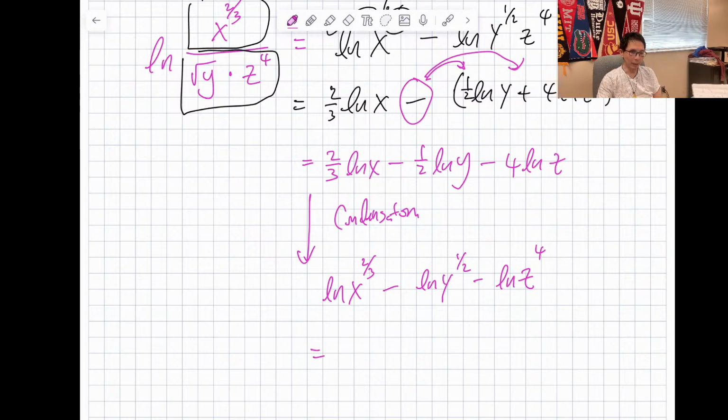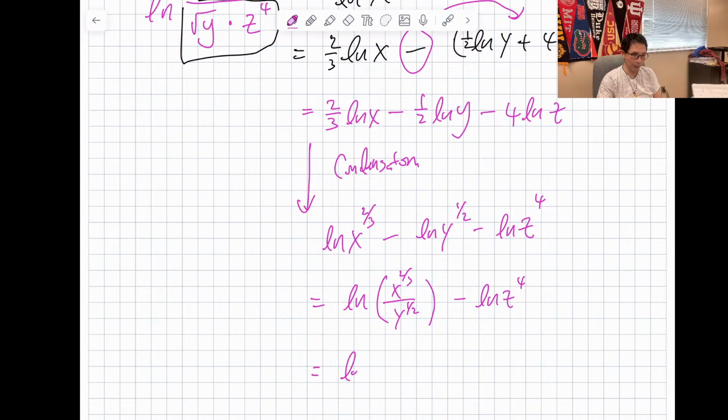And then this is divide, so it's ln of x to the 2/3 over y to the 1/2 minus ln z to the 4th. And then you divide again, so it should be on the bottom. So x to the 2/3 over y to the 1/2 z to the 4th, and you go back to the questions.